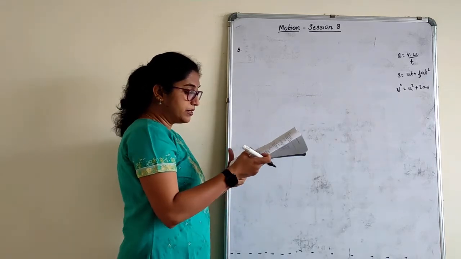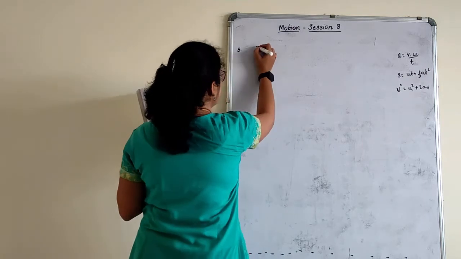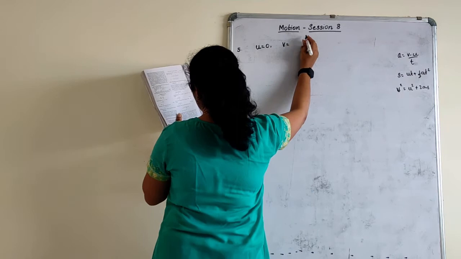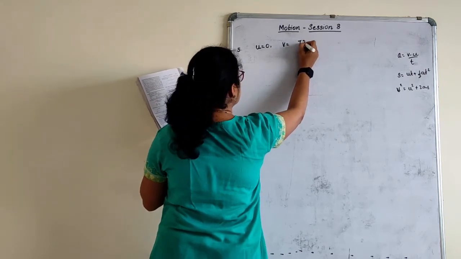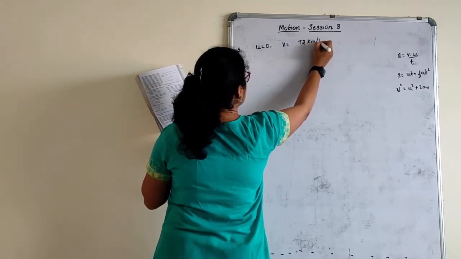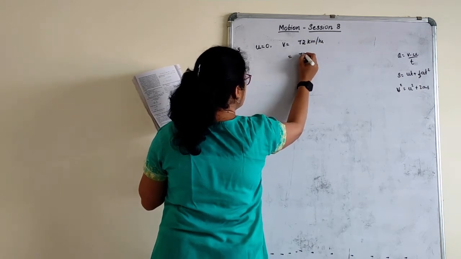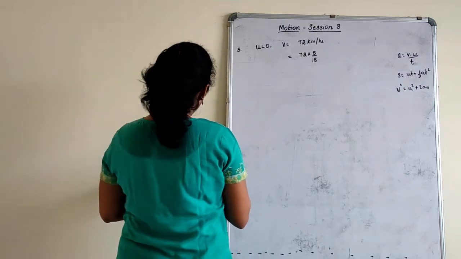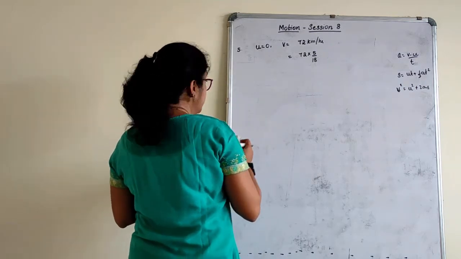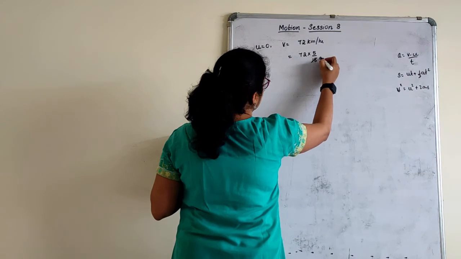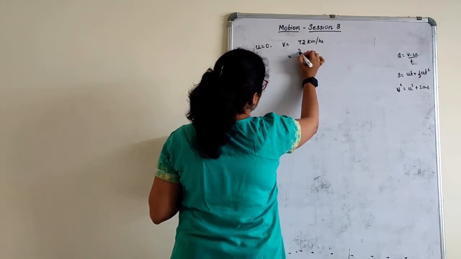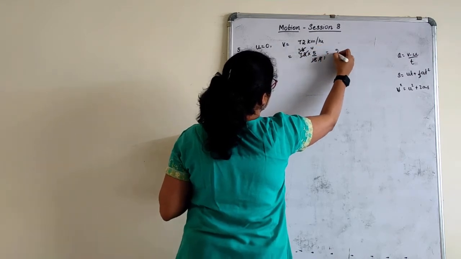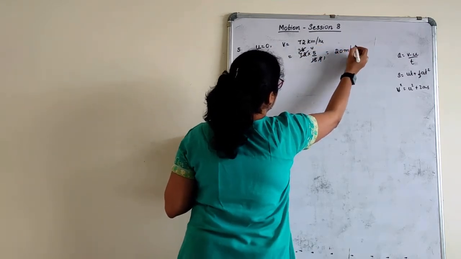A train starting from rest, u is equal to 0, attains a velocity 72 km per hour. So 72 into 5 by 18. So directly we can get it here. 72 into 5 by 18 gives 20 meters per second.